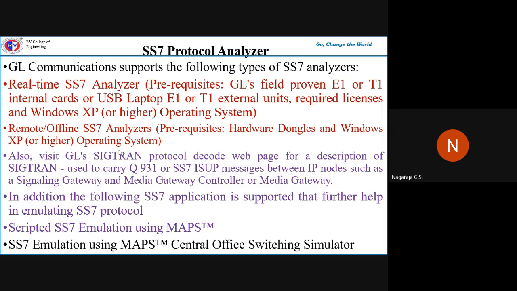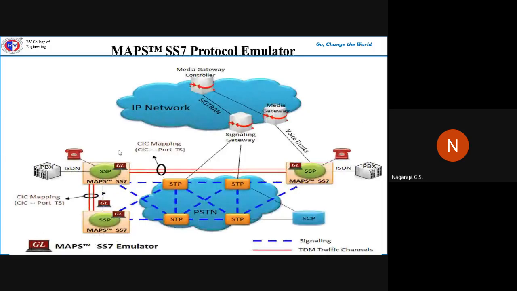What I'm trying to convey is that there are so many protocol analyzers available for SS7 functioning and its operations, and these are all well supported and designed by GL Communications. This is one simple example of such kind.